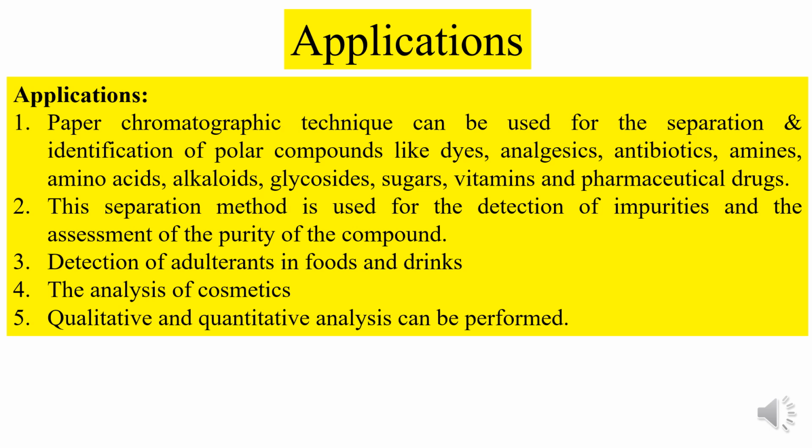This separation method can also be used for detection of impurities and assessment of purity of a compound. Detection of adulterants in foods and drinks can also be done, and the analysis of cosmetics can also be carried out by this method. Both qualitative as well as quantitative analysis can be performed.